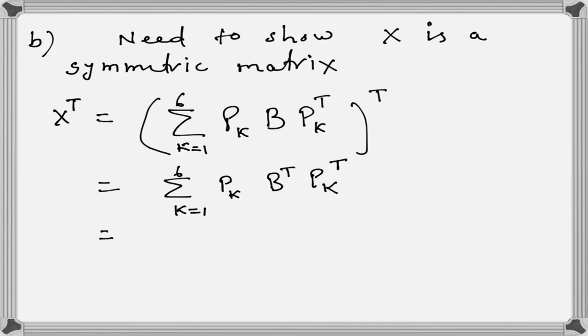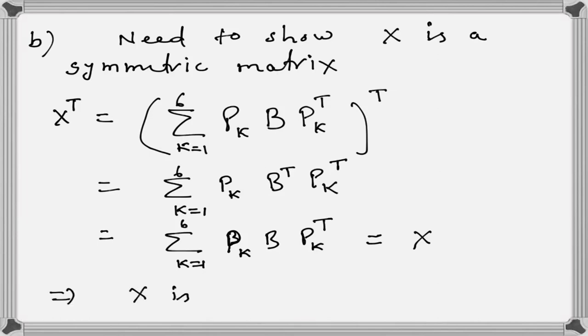Given B is a symmetric matrix, as we have seen in part A, this equals the sum of PK B PK transpose, and this is nothing but X. So this implies that X is a symmetric matrix.